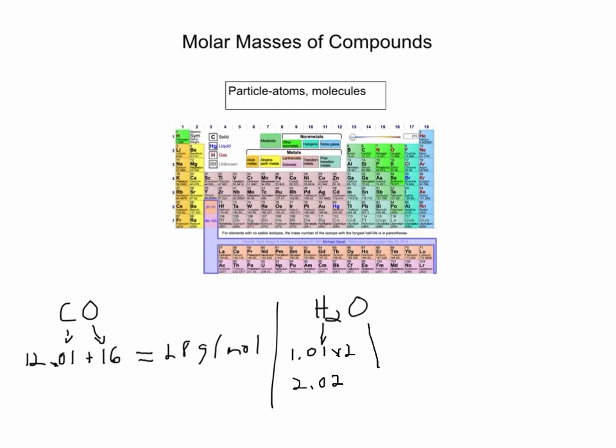And then oxygen, we know oxygen has a molar mass of 16. We add those together and we get a molar mass for water of 18.02 grams per mole. So now we know the mass of water that contains 6.02 times 10 to the 23rd particles. All we do is add up all of the elements that are in our compound.